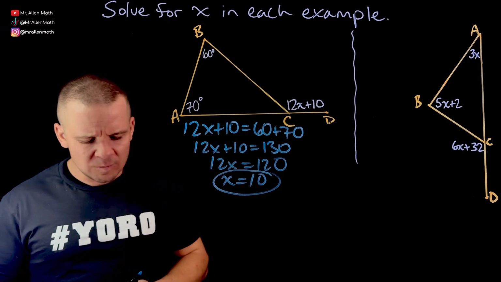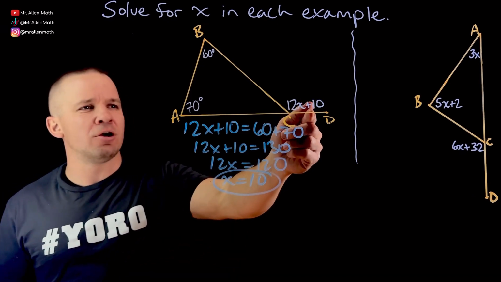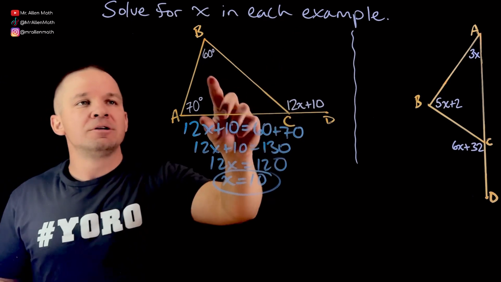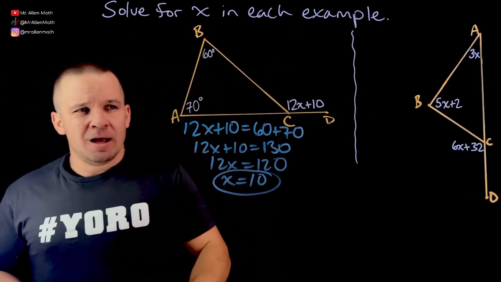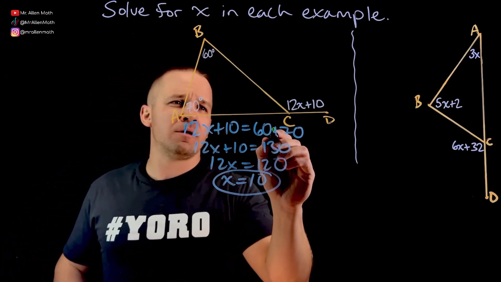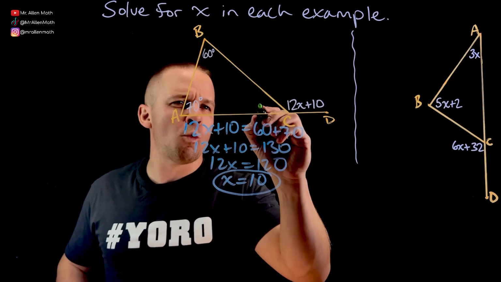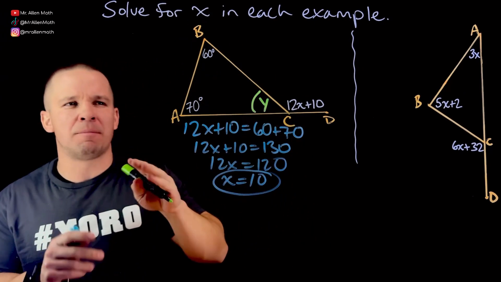Beautiful. Now you might be wondering, why is this angle here just magically equal to the sum of these two? Well, check this out. I'm going to call this guy right here y. This angle will be y. I don't want to use angle BCA. It's going to muddy the situation up.